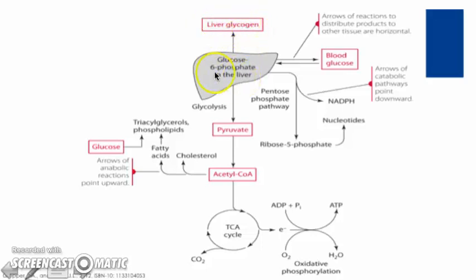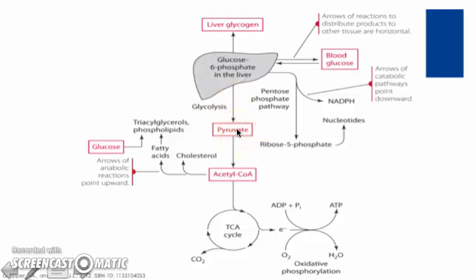It can also be dephosphorylated, leaving the liver and entering circulation to supply blood glucose. It can undergo the pentose phosphate pathway, forming NADPH and ribose 5-phosphate. It can also undergo glycolysis and form pyruvate.